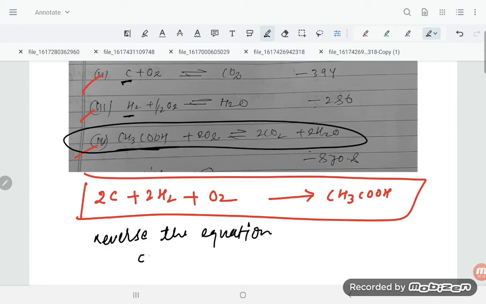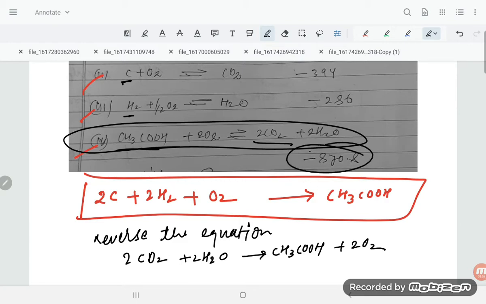So if you are reversing, it is 2CO2 plus 2H2O, it is giving CH3COOH plus 2O2, right? And for this one the enthalpy of formation is 870.8, so you put the positive sign, this is 870.8.